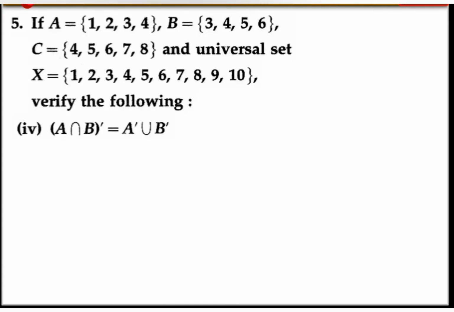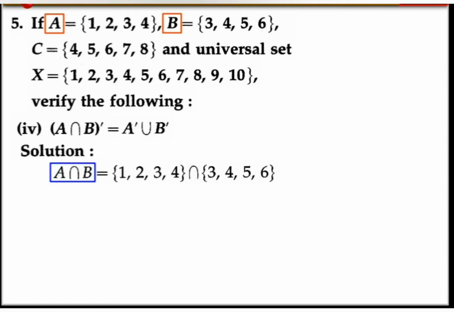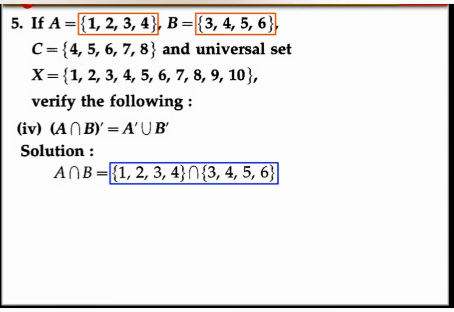Number 4. Complement of A intersection B is equal to A complement union B complement. Solution. Now here first we'll find A intersection B. That would be set of 1, 2, 3, 4 intersection set of 3, 4, 5, 6.